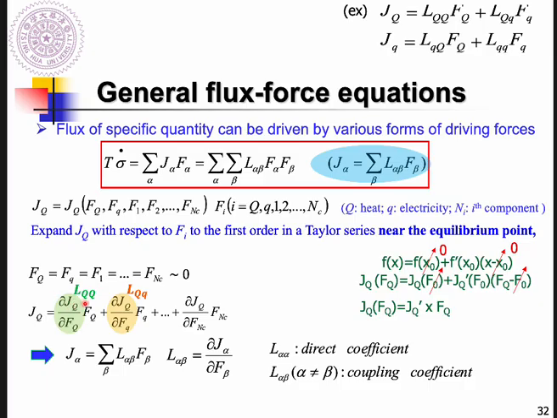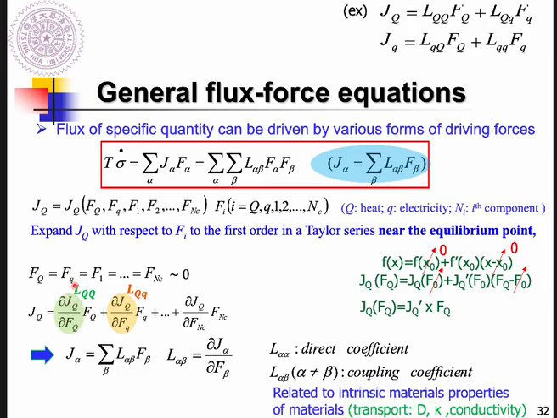Based on this, you know this L capital Q is related to the material property, because even for different materials, if you apply the same temperature gradient and put them in the same environment, that won't lead to the same heat flux, right?